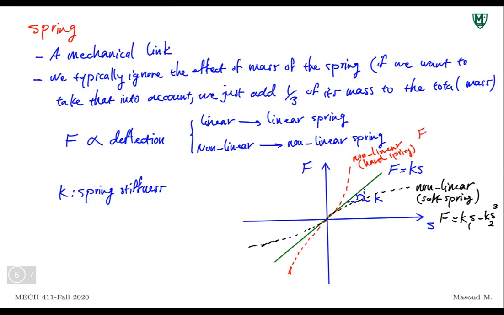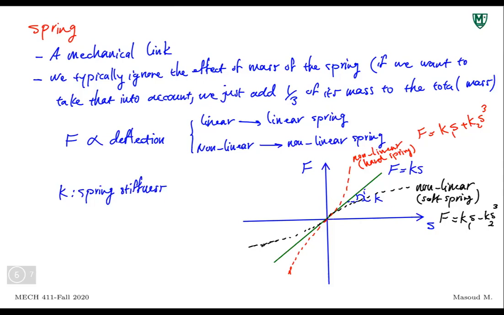If I want to show the relationship between force and spring stiffness, now we have two values for spring stiffness, obviously, like the other nonlinear. We have K1 and K2. F is K1S plus K2S cubed. This is a third order line. This tells us that it gets harder and harder to deflect the spring the more I deflect it.